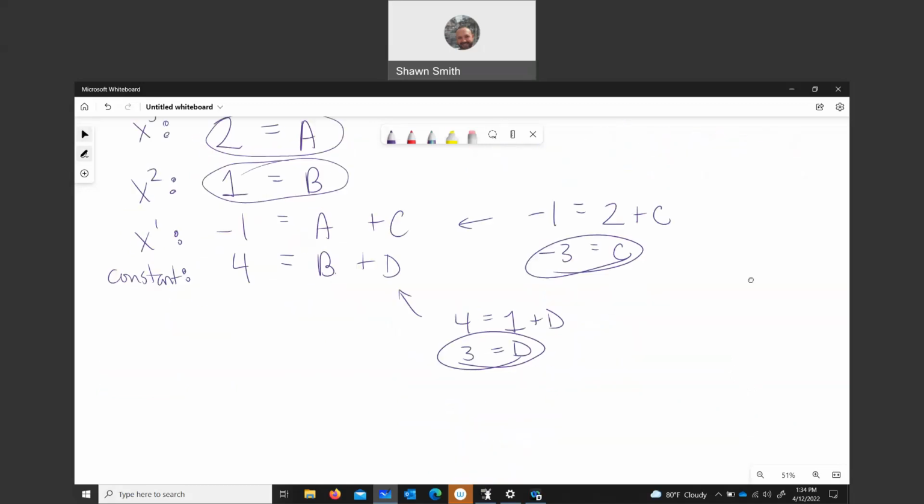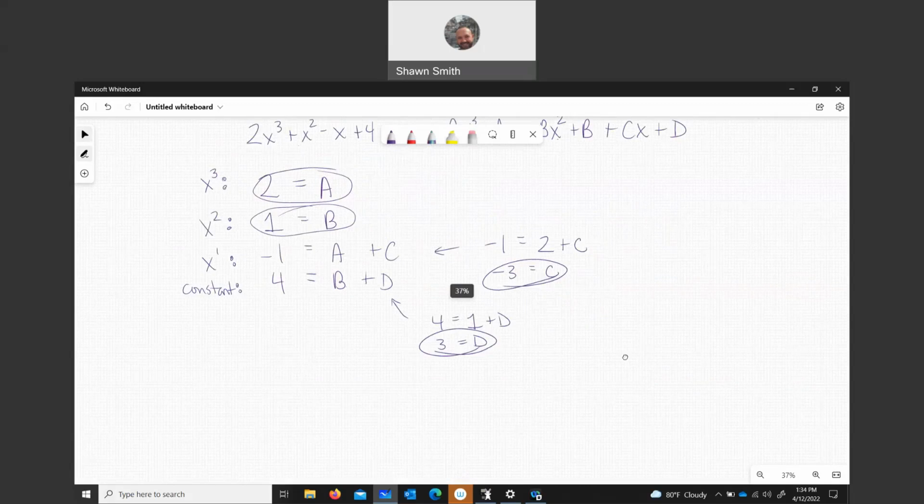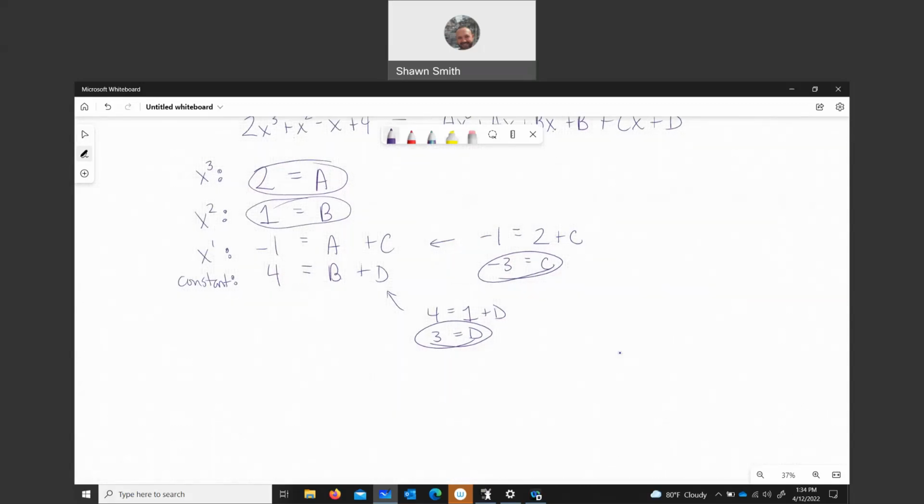So we can rewrite it, replacing the coefficients. So 2x cubed plus x squared minus x plus 4 all over x squared plus 1 all squared is equal to, this was x squared plus 1, and that was the ax plus b, so 2x plus 1.